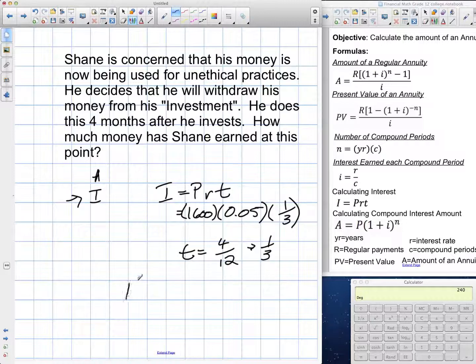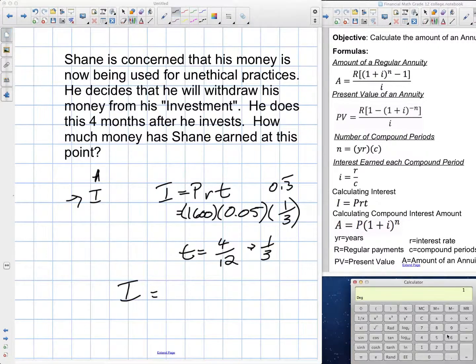So when we go to multiply that, you could use that as a decimal, which is 0.3 repeated, or you could put it in like a fraction in your calculator. It's up to you. So his principal was 1,600 times the 0.05, which is $80, and we have to multiply it by a fraction of 1/3. So times 1 divided by 3. Is that the right number?